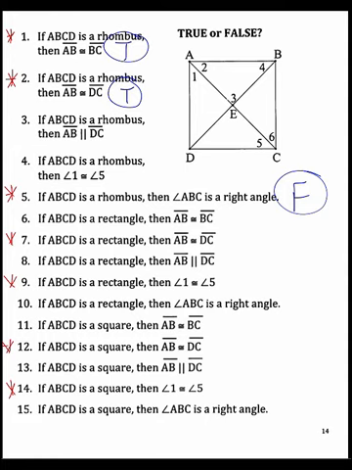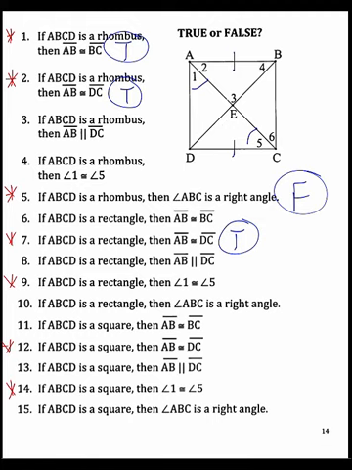So when we switch and we go to number 7, if ABCD is a rectangle, then is AB congruent to DC? Well, this is true because the opposite sides of a parallelogram are congruent, and a rectangle is a parallelogram, so this is true. If ABCD is a rectangle, number 9, then angle 1 is congruent to angle 5.